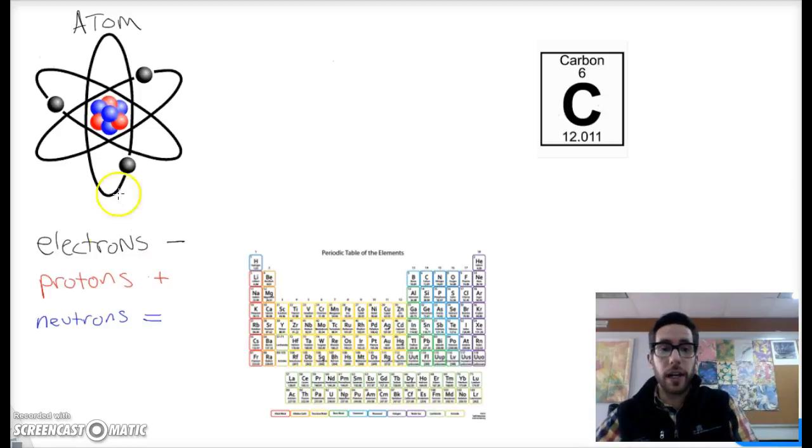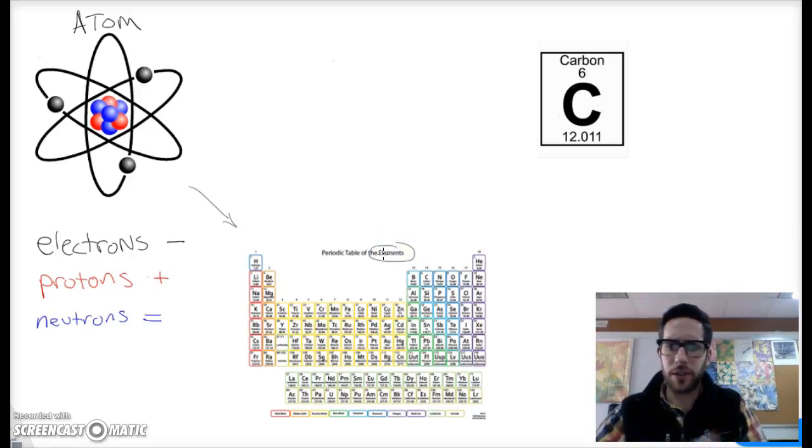All right, so the question is, how do we link up this idea of atoms to elements? And I'd like to direct you down here to the periodic table of elements. So now the question is, what in the world is an element? An element is the most fundamental, unique thing you can have.